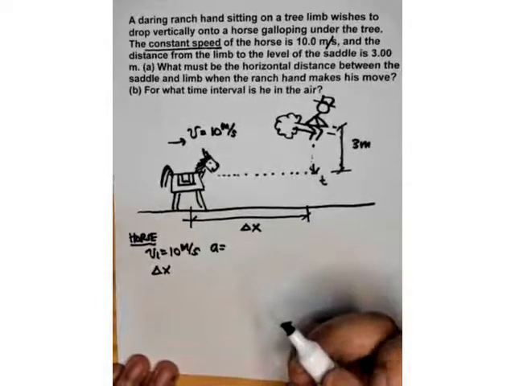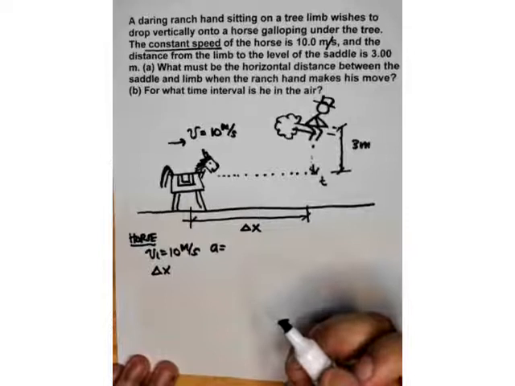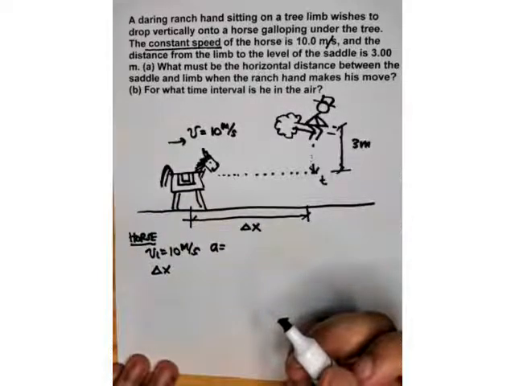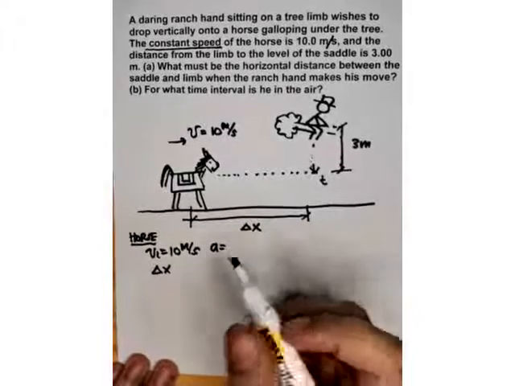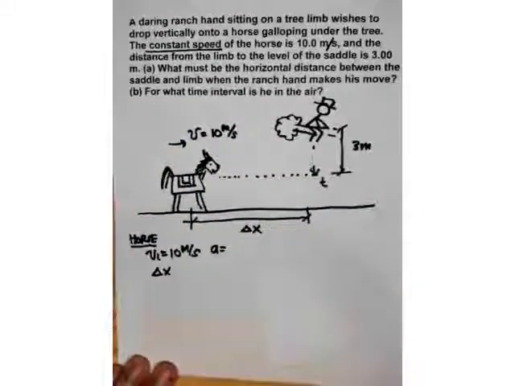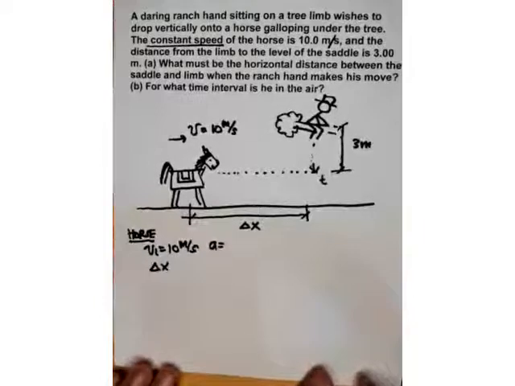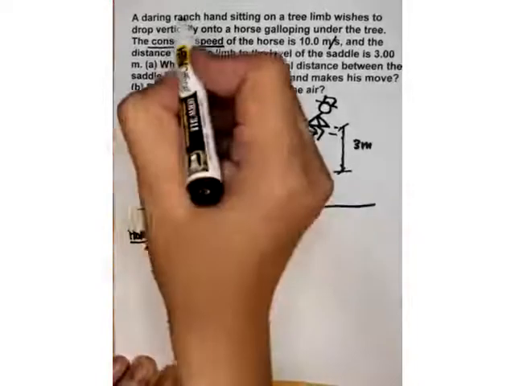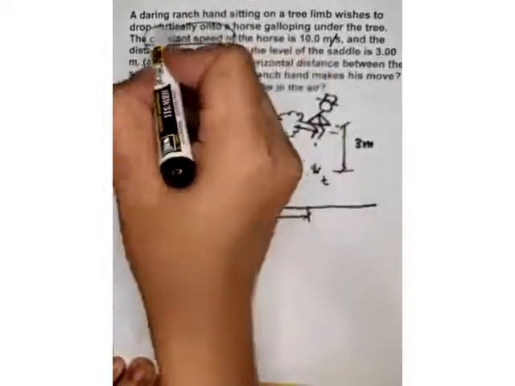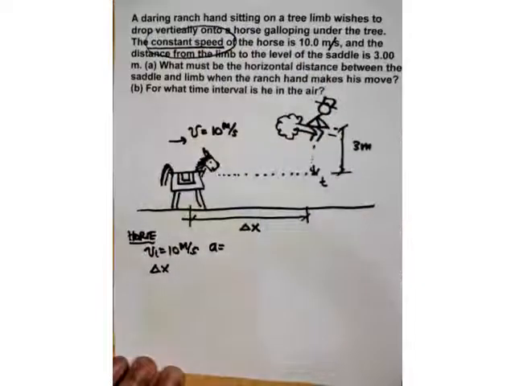O hanapin natin or ano? No, it's not given. Pero, yeah. Sorry. Actually, yun yung ibig kong sabihin. It is not given, but meron tayong hint. Ano yung hint natin? It's constant speed. Okay, so therefore, acceleration is 0.